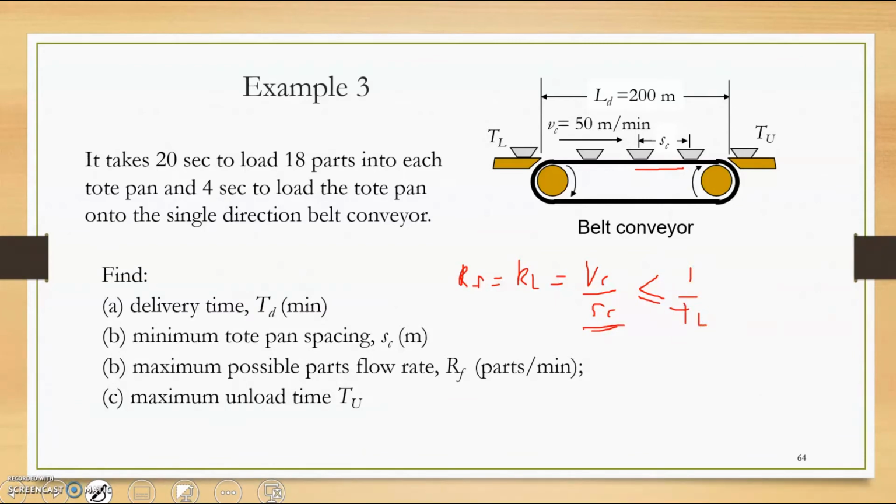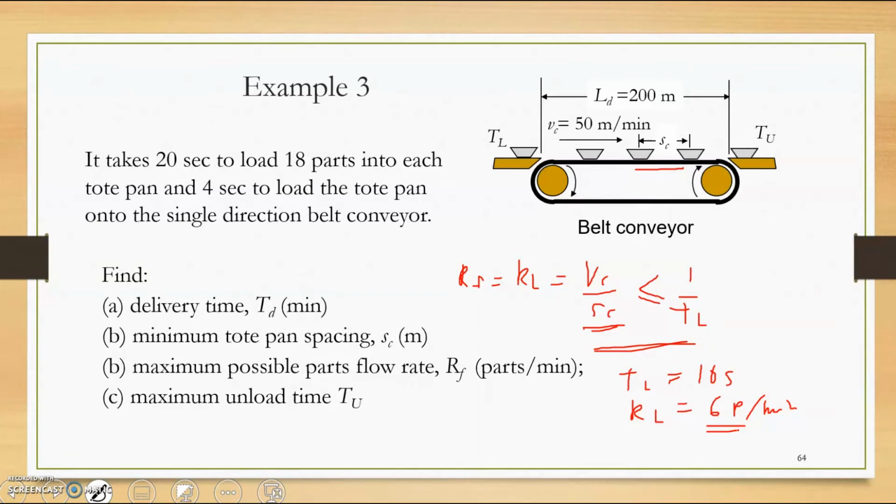So what does the constraint mean? If we have a worker who can load parts into the conveyor with a loading time of 10 seconds, then for 1 minute the loading rate will be 6 parts per minute. Every 10 seconds it can load a part, and after 60 seconds, it can load 6 parts.